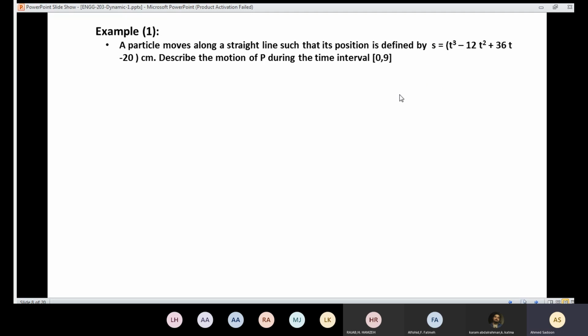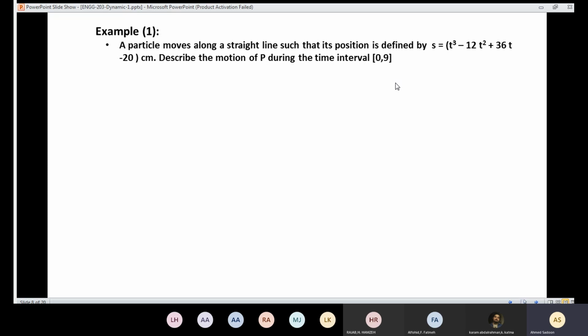Also, I could get the acceleration because the acceleration is dv over dt. So using the equation of the position, I'll be able to know the equation for the velocity and the equation for the acceleration.